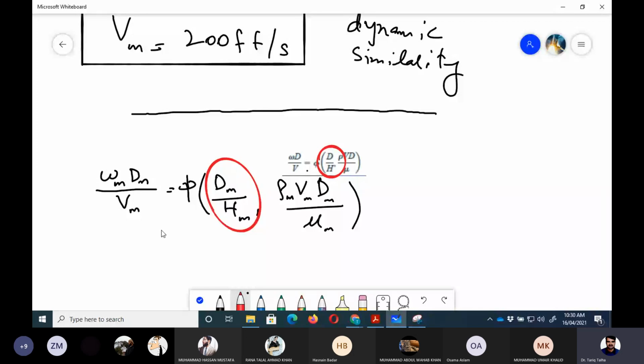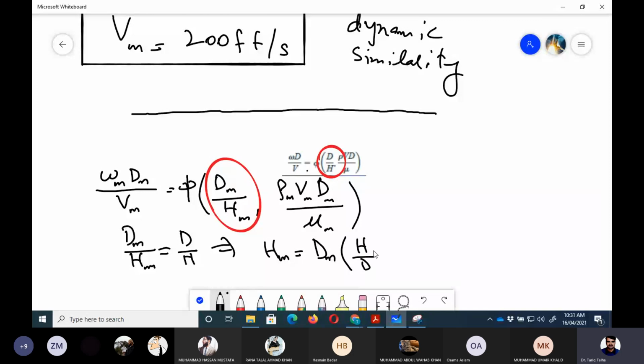So, if we equate that, we can write d_m upon h_m is equal to d upon h, because we need to find h_m here. So we just rearrange this. h_m would be equal to d_m into h upon d.